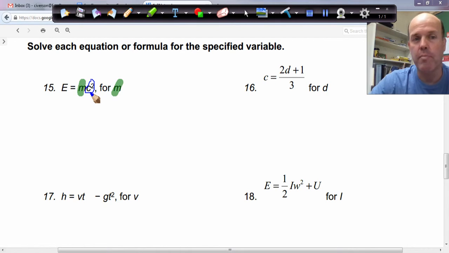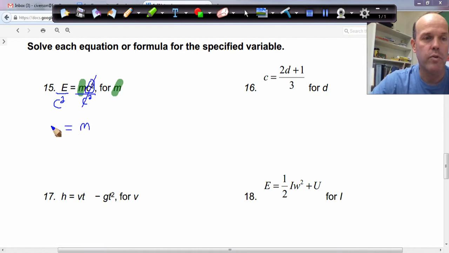So m is being multiplied by c squared, so let's divide both sides by c squared, because it's the opposite, we have to do the opposite. And those cancel, and I get m is equal to e over c squared. Done. Next one.